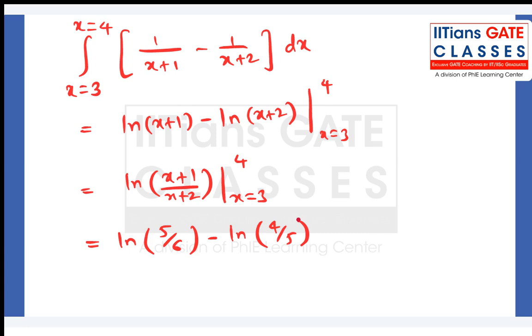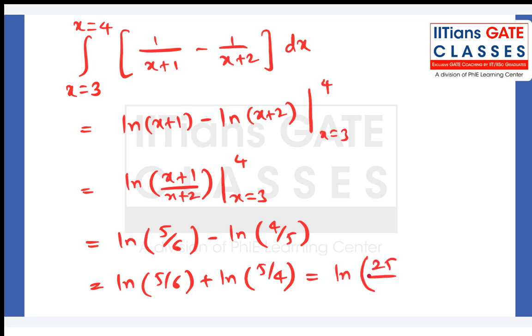Okay, so then you can use the ln property. You can just reverse the second one, so this becomes 5 by 4. Then you multiply both the terms, so this becomes 25 by 24.